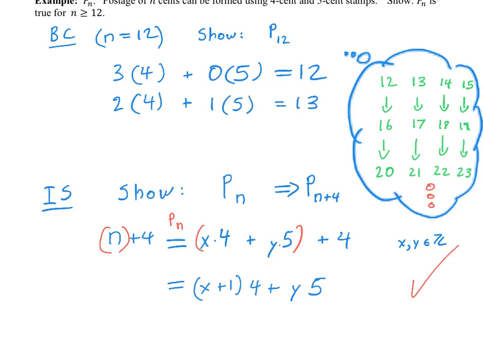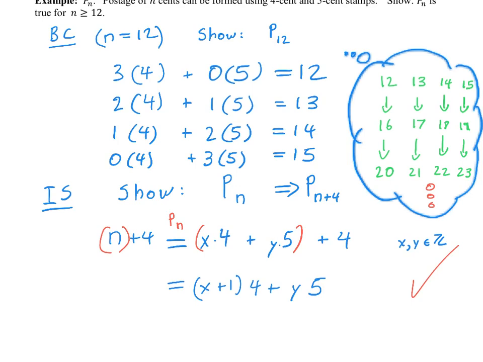And 1, 4 plus 2 5s would give us 14. And then finally, no 4s and 3 5s give us the last part of the base case, giving us 15.